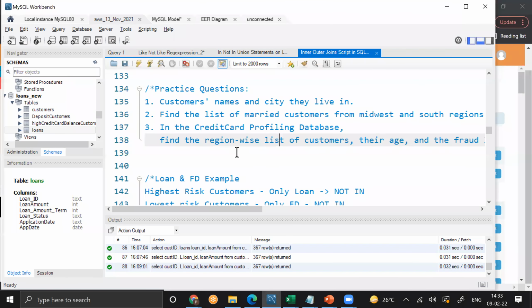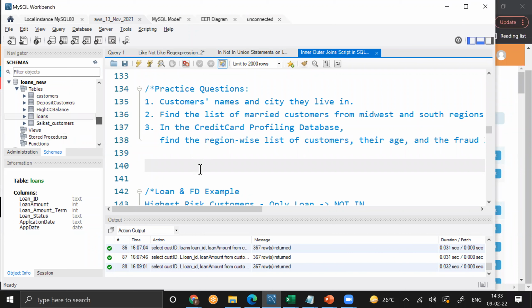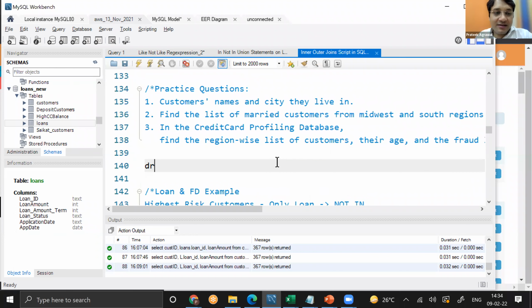So, of course, we want to use the loans new database here. Saikat, you created your own table also. That was a mistake. I will still go ahead and drop it. You have to use the CC profile ones, I think.